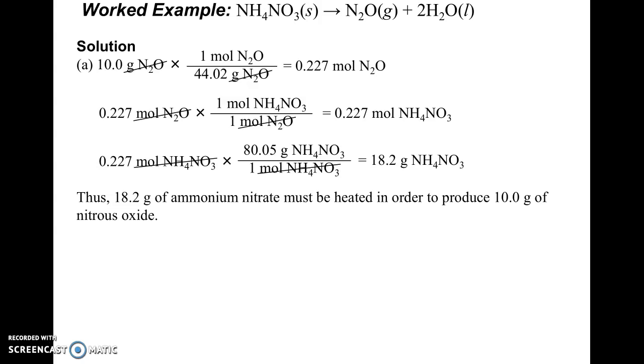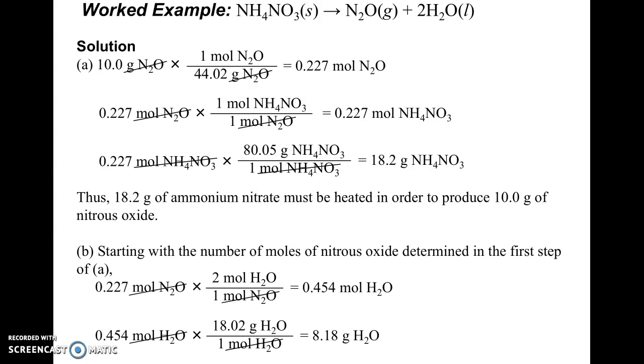Once we know how many moles we're trying to produce, then we use our stoichiometric ratio of the ammonium nitrate to the N2O, which is just 1:1, so it requires the same number of moles. You take that 0.227 moles of ammonium nitrate, multiply it by the molar mass, and you see how many grams it would take to produce 10 grams of nitrous oxide.